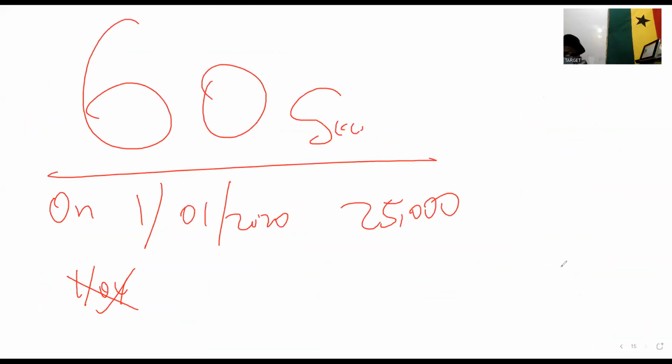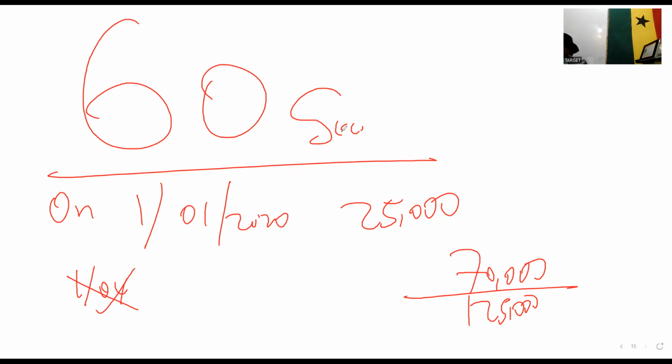So we just have to divide 70,000 by 125,000. That's all. That's the storyline. So 70,000 divided by 125,000. Yes, 56 cents, correct.